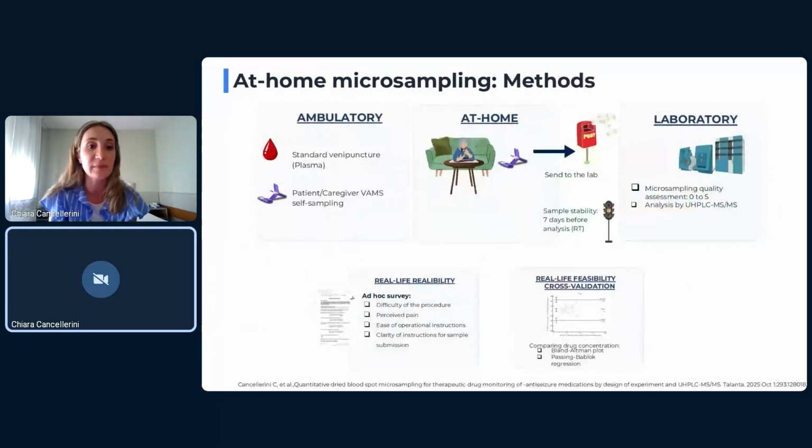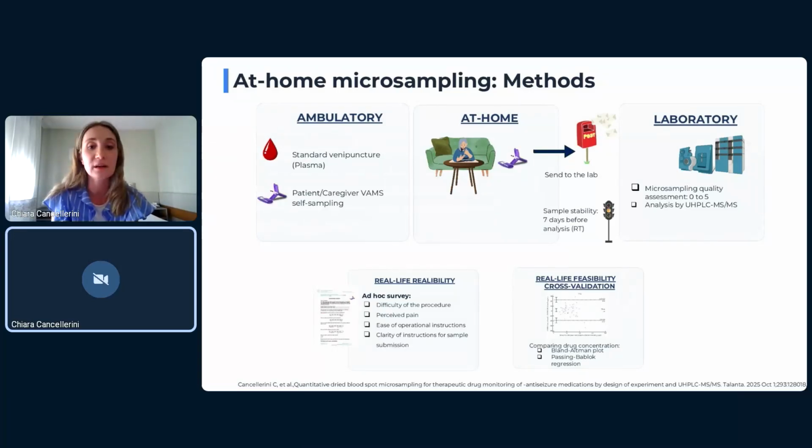So here is the method. We first collected the standard venipuncture, so the plasma in the ambulatory. We did the VAMS in the ambulatory again, and the self-collection VAMS this time was performed just by the patients, not by the nurse.